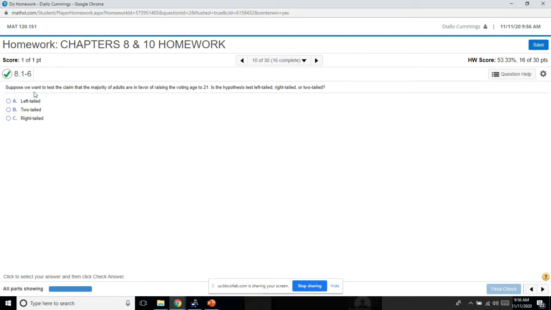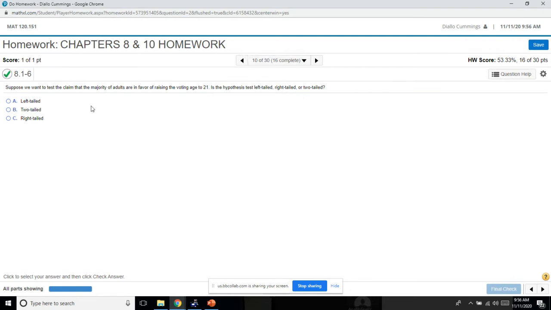This question reads, suppose we want to test the claim that the majority of adults are in favor of raising the voting age to 21. Is this a left-tail, right-tail, or a two-tail test?